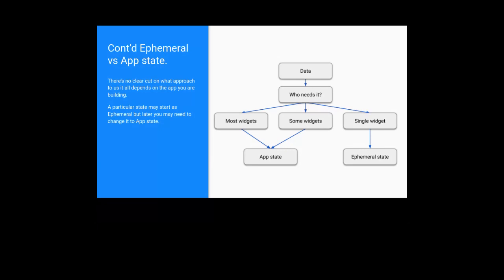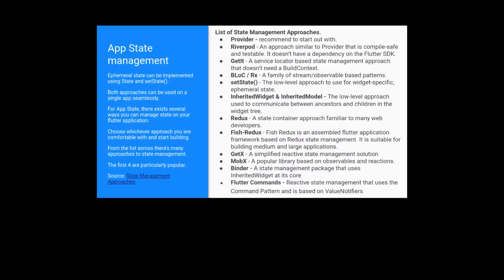That means you might want to use app state, because something will change inside that widget that will affect other things on your app. If you don't need to share that kind of data, you can just use ephemeral state, which you use by calling setState. It's quite direct like that.